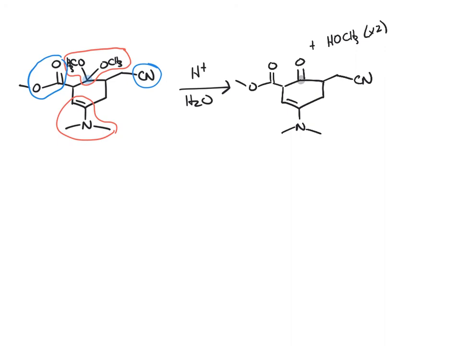Next, let's hydrolyze the enamine. All right, we already did one of these today. So that carbon that has the double bond and connected to the nitrogen, that becomes the carbonyl carbon. And then the nitrogen comes off and becomes an amine.